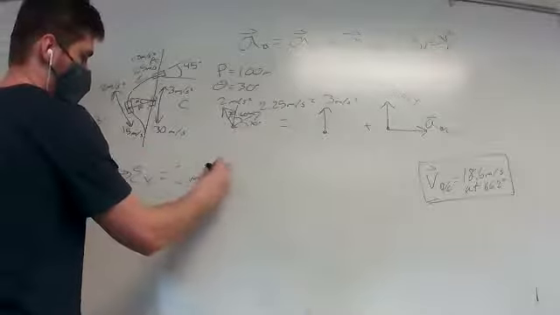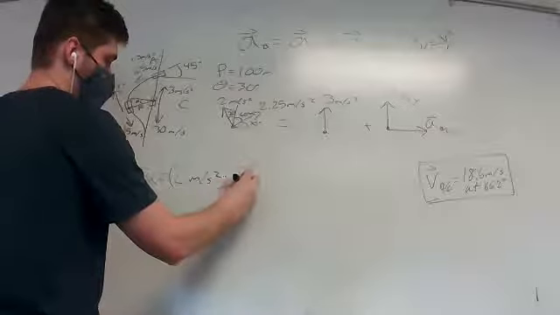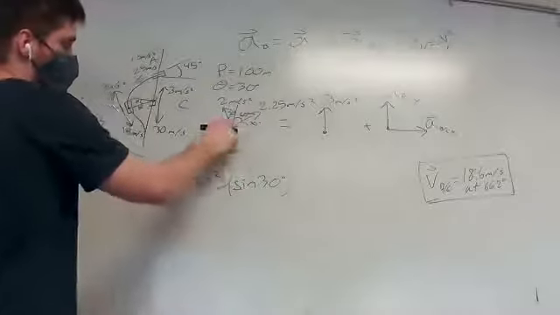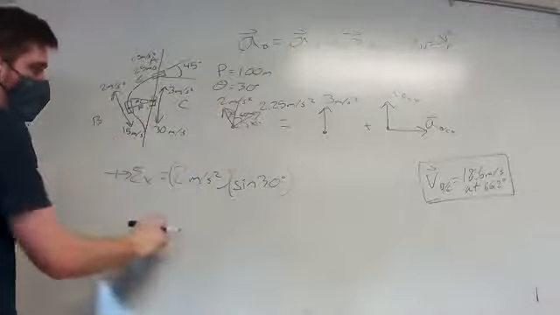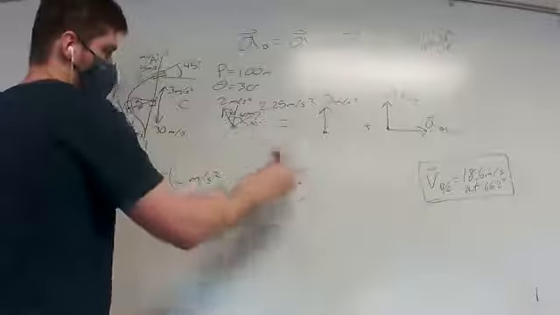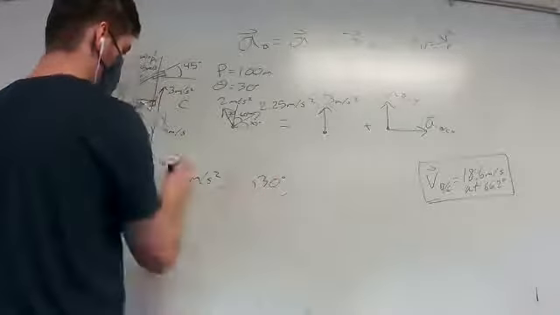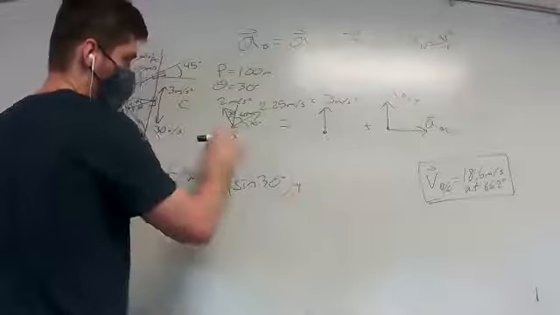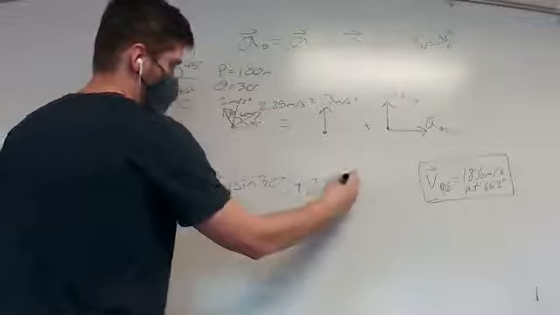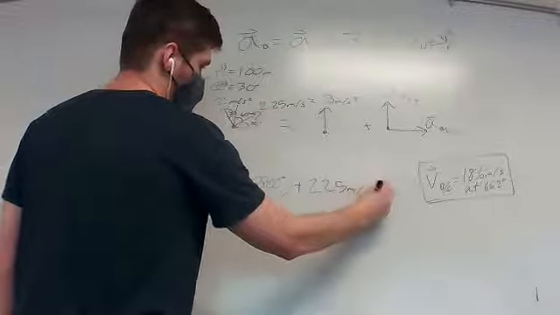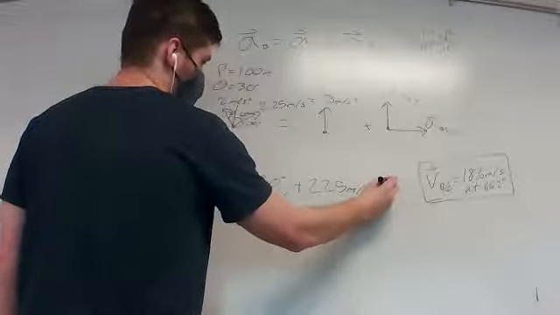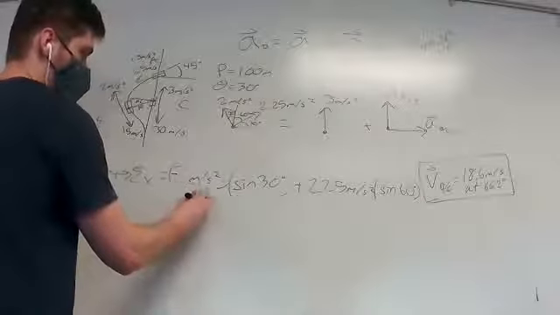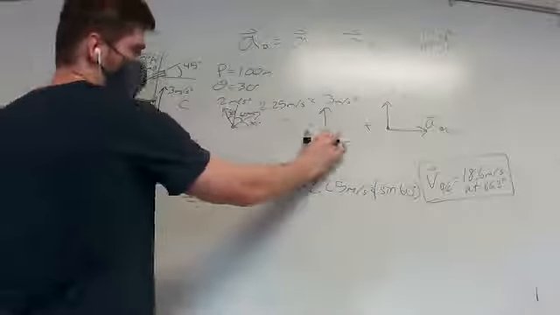So we have our X components for these. That would be 2 meters per second squared times sine 30. We use sine here because of the position, and this would also be negative because it's pointing to the left, plus 2.25 meters per second squared times sine of 60 degrees.